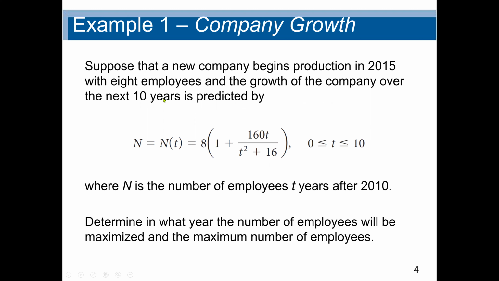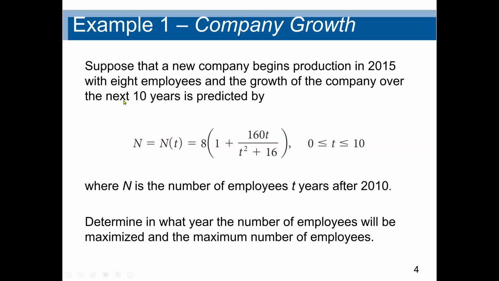The example says, suppose that a new company begins production in 2015 with 8 employees, and the growth of the company over the next 10 years is predicted by the following function. So we have N at t. Again, t is the time period, and the time domain is from 0 years to 10 years.